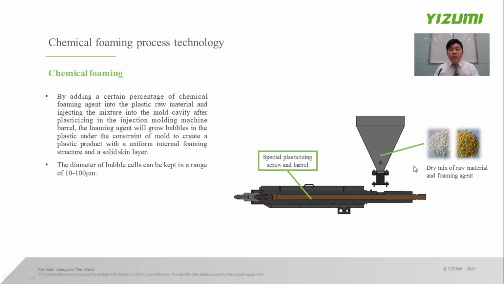During the material charging, the chemical forming agent will be mixed with the material inside the barrel. After injection, the forming agent will start to bubble inside the product as well. Additionally, the size of the bubble can be kept in a range of 10 to 100 micrometers.